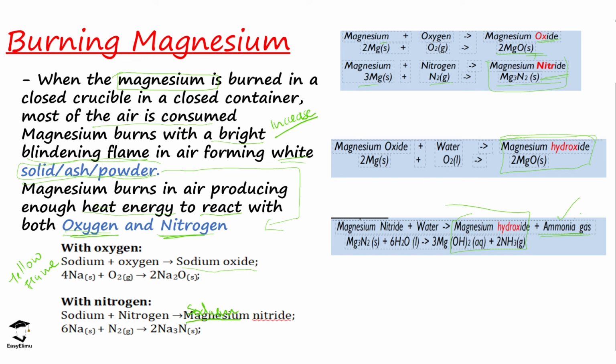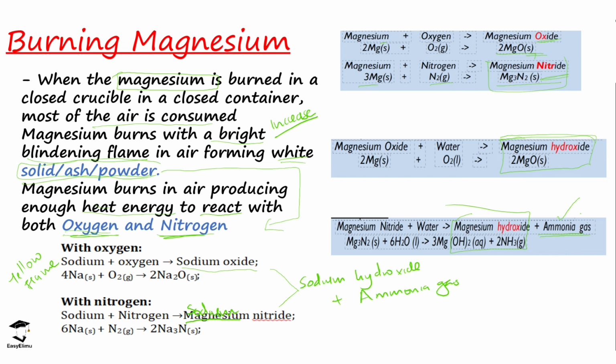It's a reaction that produces a lot of heat. So sodium can react with both oxygen and nitrogen. And if you dissolve the product, which is sodium oxide and sodium nitride, in water, you are still going to form the same kind of product as we did with magnesium. You're going to form sodium hydroxide and ammonia gas.